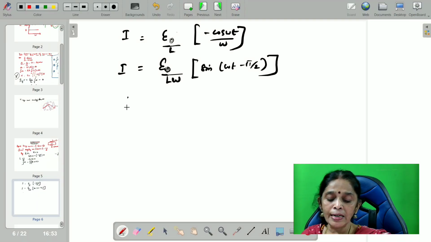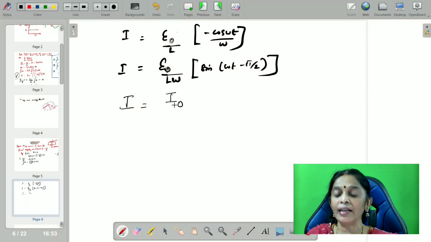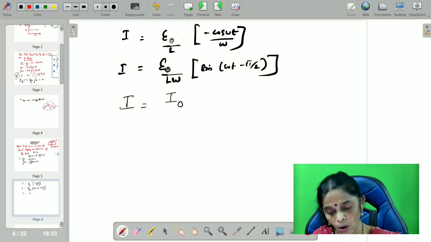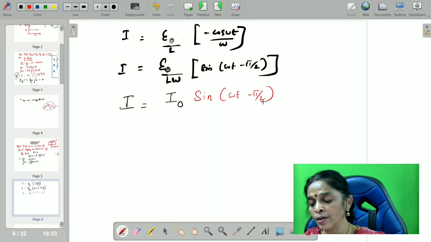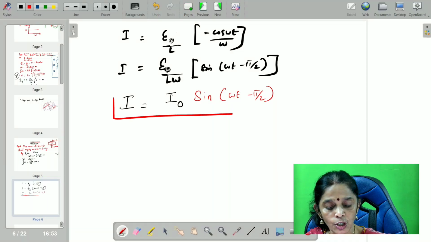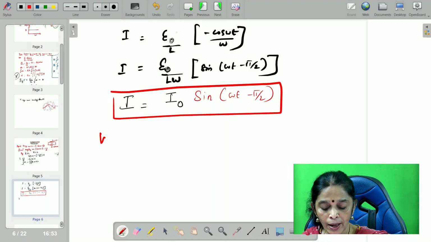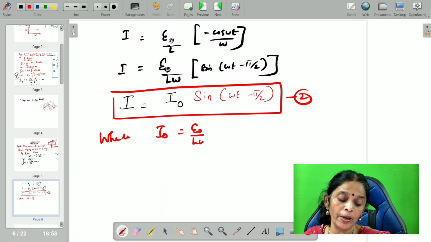Now you can write it in the form of I is equal to E naught divided by L omega, which is simply I naught into sine of omega t minus pi by 2. That is all, children. I naught into sine of omega t minus pi by 2. This one I put a box over, this is equation number 2, where I naught is nothing but E naught by L omega.